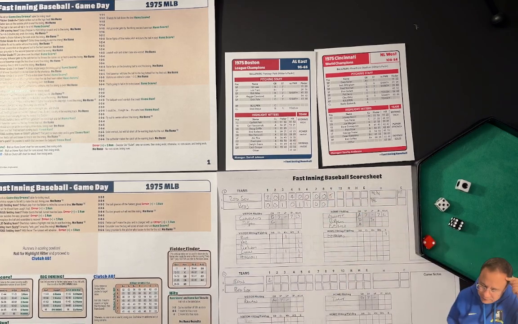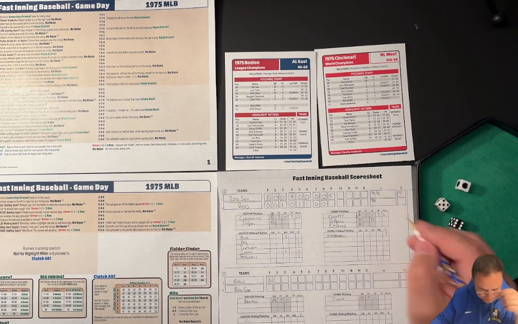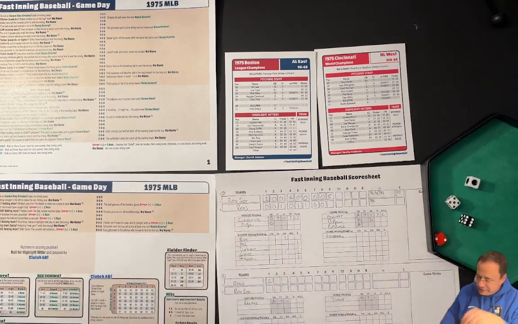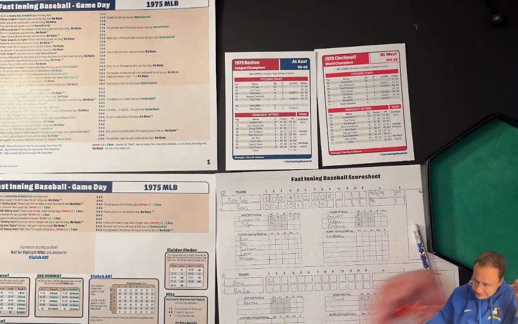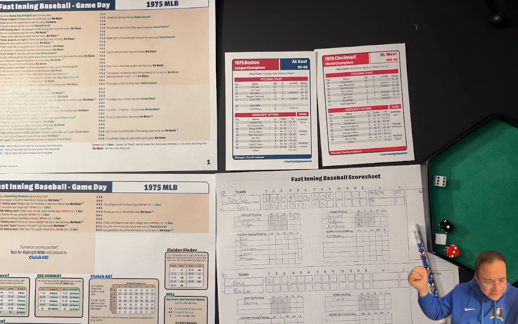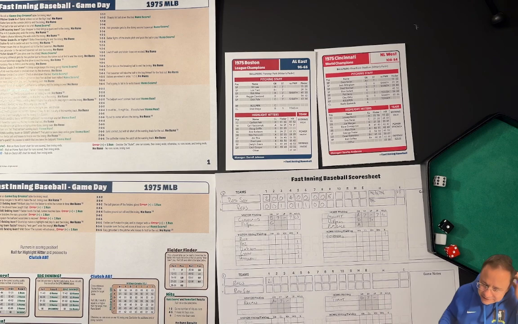That's 11 runs for the Red Sox on 5 more hits. Wow. All of those errors in the end didn't hurt them. All right, Reds are up against the Red Sox bullpen. 1-3-6. That's not good. Shortstop, let's just call it.